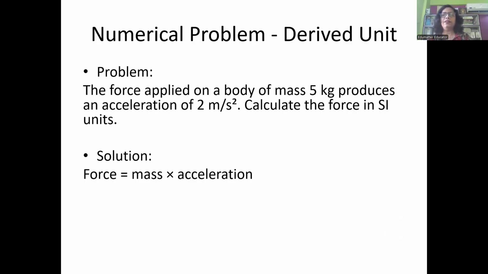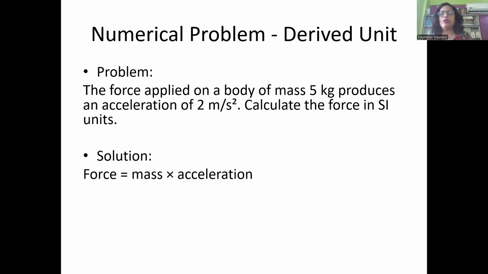What is asked and what data are given? The expression should include all these things, that means a relationship should be established between what is being asked and what data we have in hand. Here mass and acceleration are given and what is asked? Force. So the expression should include force, mass and acceleration.